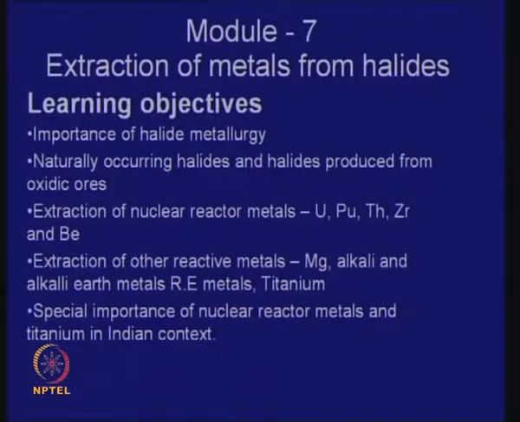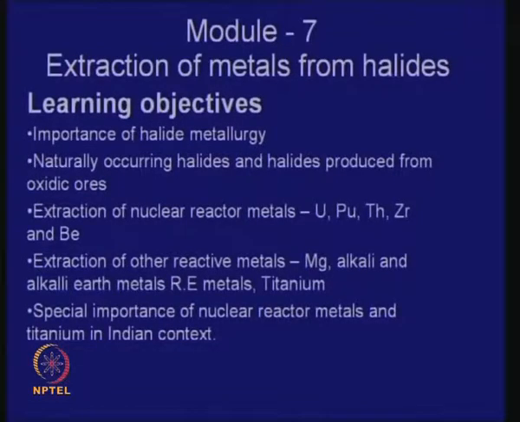Plutonium is a man-made material, which comes from an isotope of uranium, and we will see how. Thorium itself is not one that undergoes nuclear fission, but thorium can be converted to a fissile material, and we will discuss that.